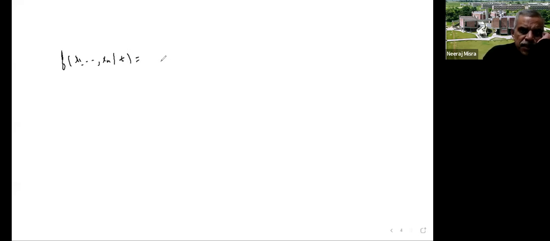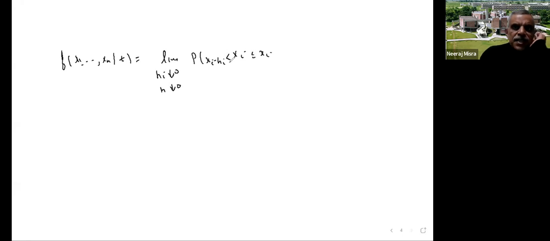That means xn is equal to t. This would have been the limit, each hi going to 0 and h going to 0, of the probability that xi lies between xi minus hi and xi, because that is what.